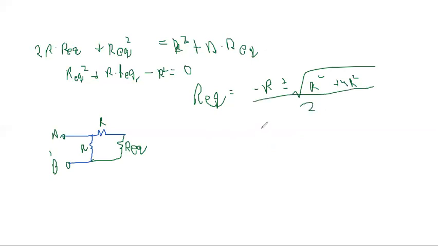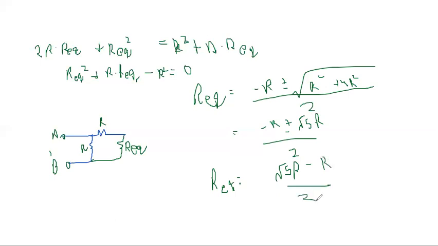So it is basically minus R plus minus root 5 R by 2. Now as resistance cannot be negative, R equivalent will be equal to root 5 R minus R by 2. So this is the value of equivalent resistance of that infinite network, right?